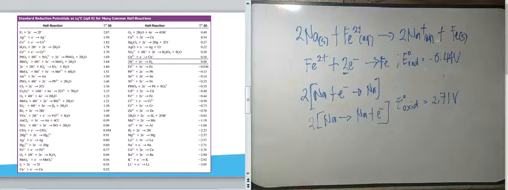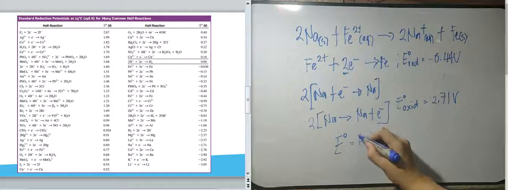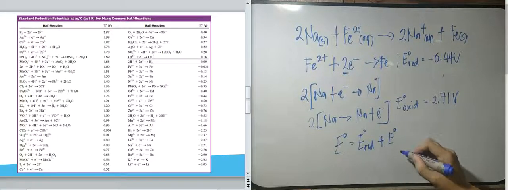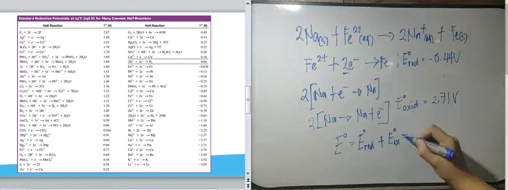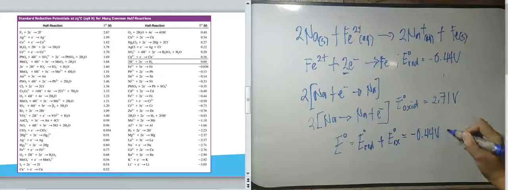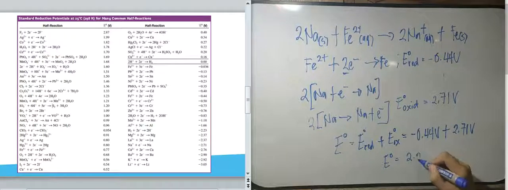So our standard electrode potential will be the standard reduction potential plus the standard oxidation potential: negative 0.44 volts plus 2.71 volts. It will be 2.27 volts.